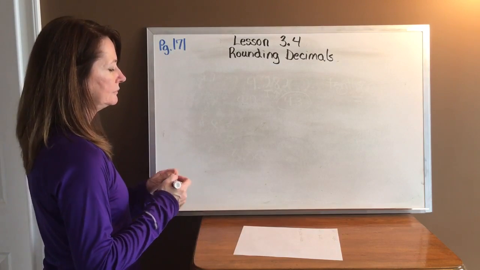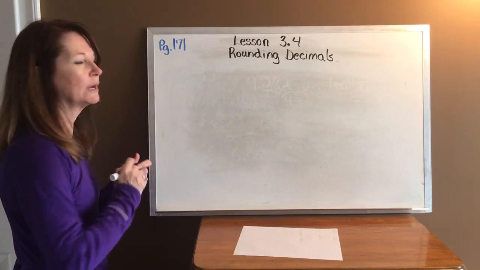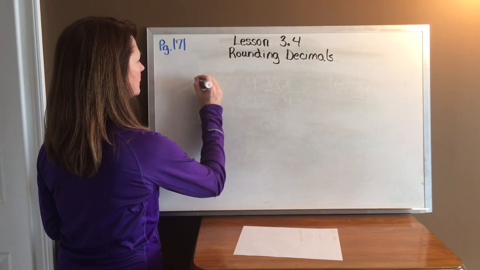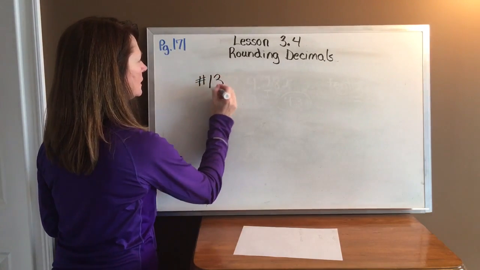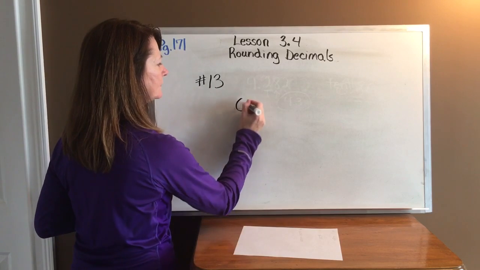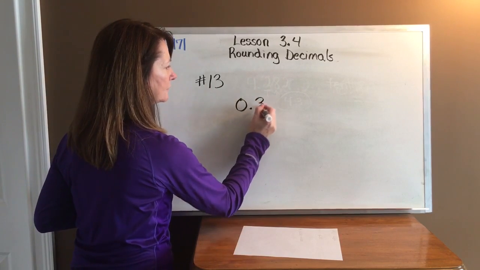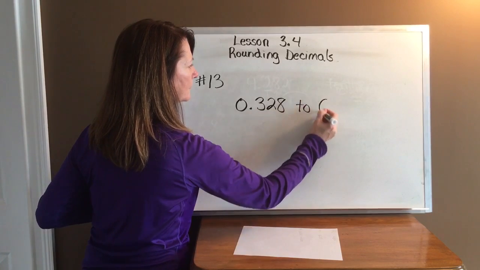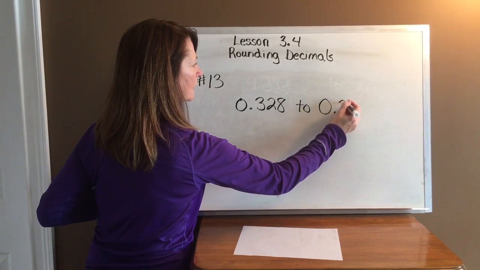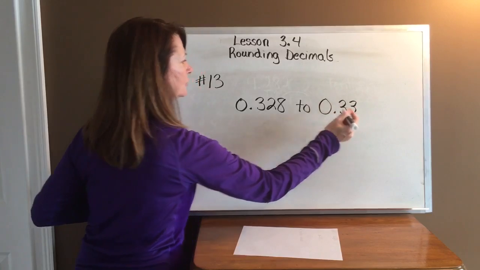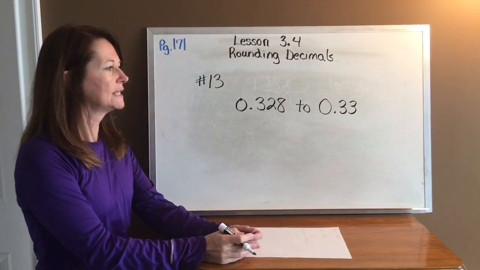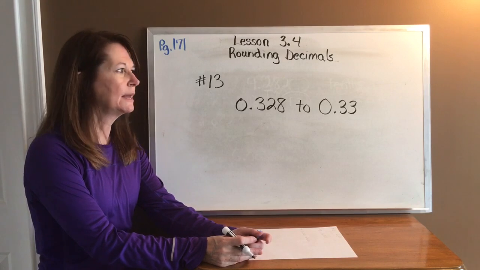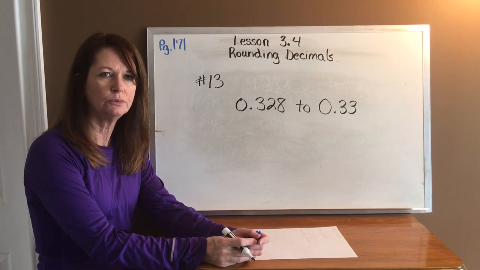All right, number 13, the directions are just a little bit different. Number 13, it looks like this. In this particular problem, the directions say, tell what place value the number is rounded to.